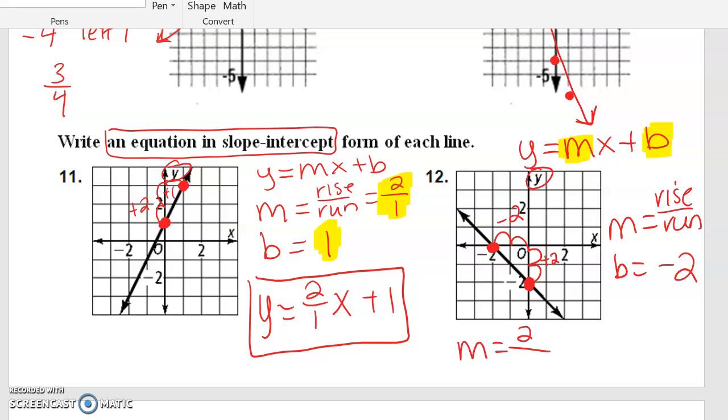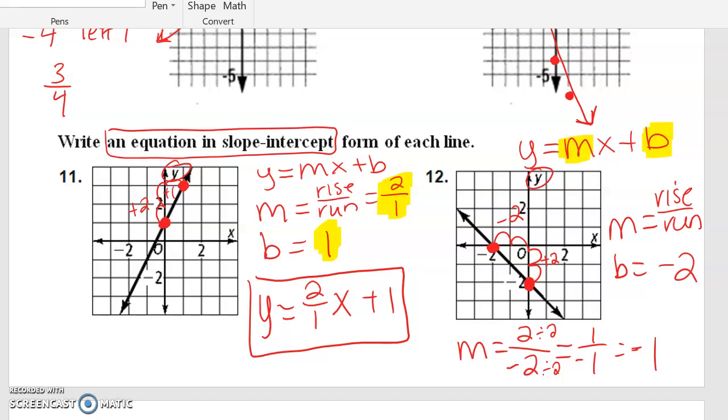So up 2 would be +2, left is -2, so my slope is 2 over -2. Now, we always want to make sure we simplify this fraction. If we divide top and bottom by 2, 2 over -2 is 1 over -1, which I'm just going to simplify as -1.